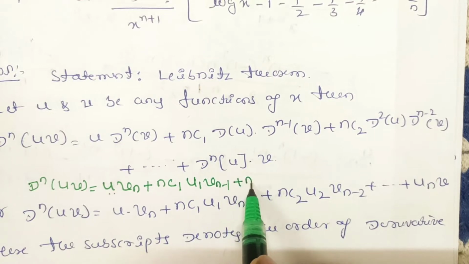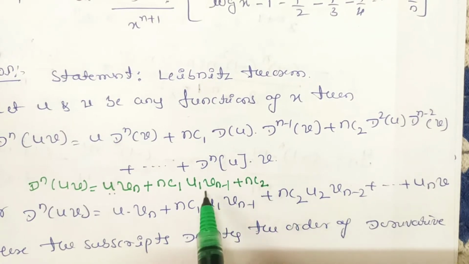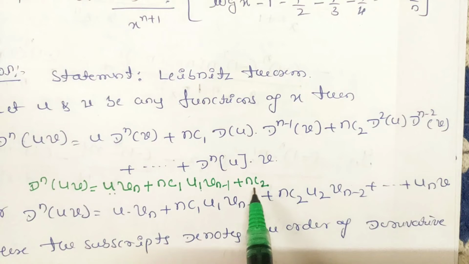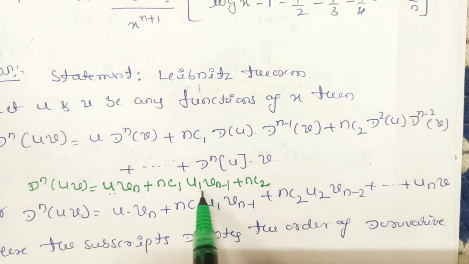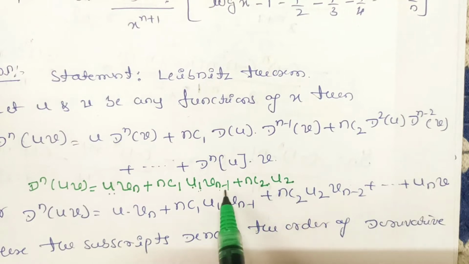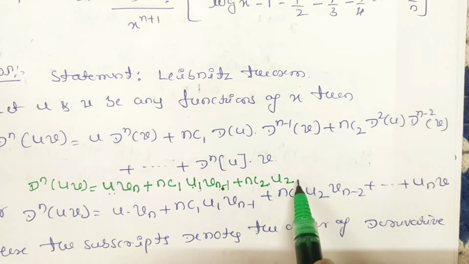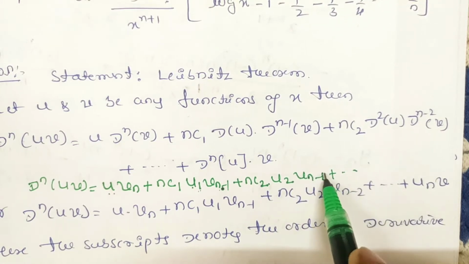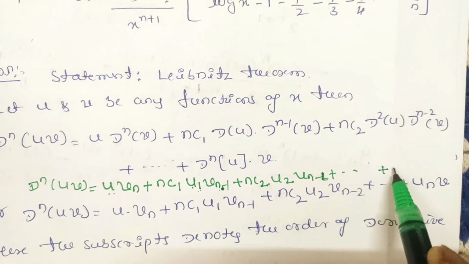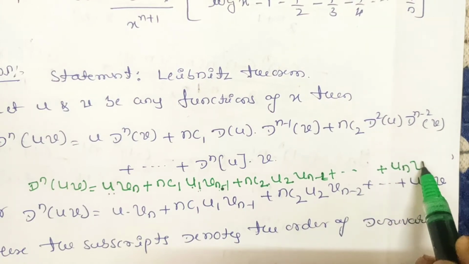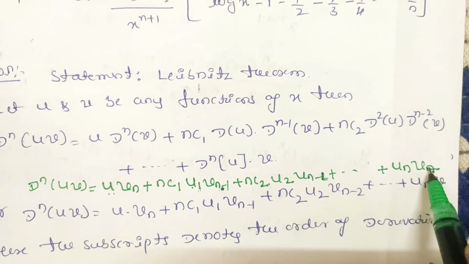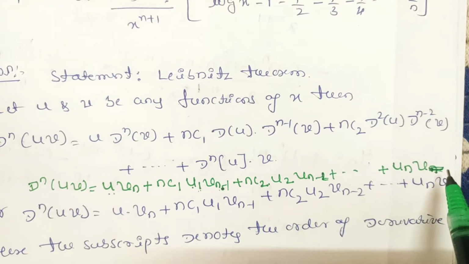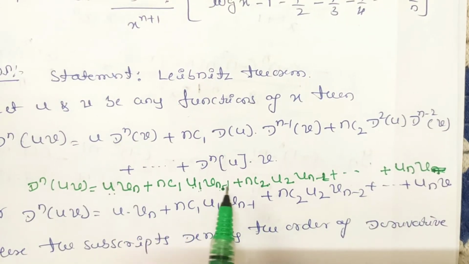Then plus nC2: to write this next term, you see the previous term, derivative of u1 is u2, and reduce n minus 1 by 1, that is n minus 2, plus etc. up to the last term nCn, that is 1, and un into v. It is not vn, it is simply v. So I hope you remember this formula very easily.